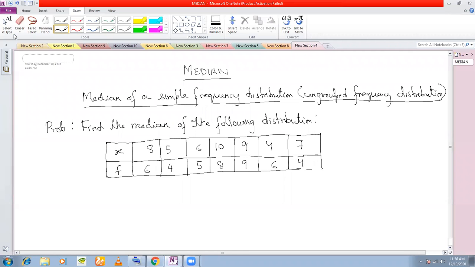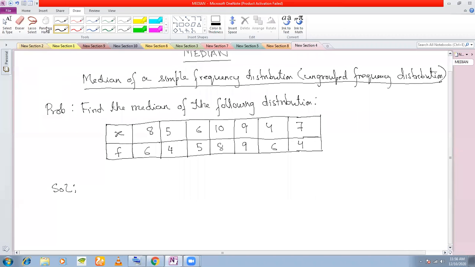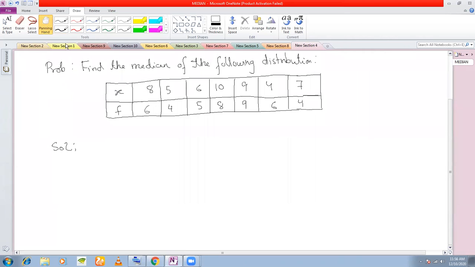Okay, so this is the distribution given to you. You need to find out the median of these observations. So first of all, we make the following table with 3 columns. In class 10 also, I think I had done this kind of problem for a simple frequency distribution, how to find out the median.